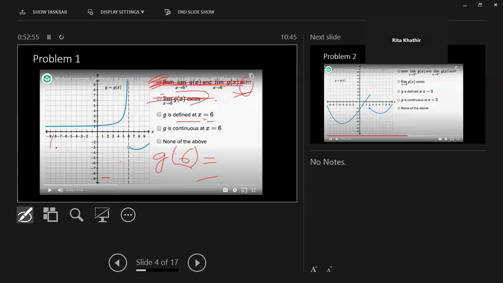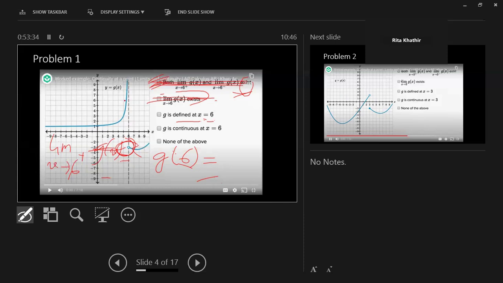Look at limit x approaches 6 plus. What is the value? Indeterminate, because the dot is empty. You cannot say that it approaches the same value, no. Because we learned that the empty circle means no value.